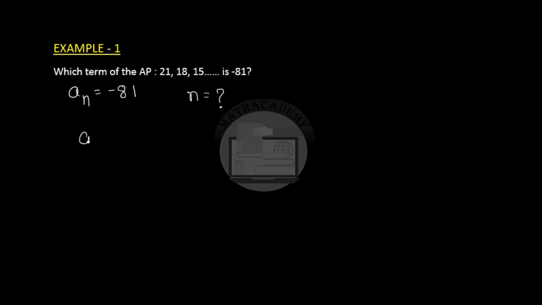Now let us write down the explicit formula for an. We know that an is the first term plus 1 less than its position times d. What is a1? a1 is the first term of the series, which is 21. d is the common difference, given by the first term subtracted from the second term.